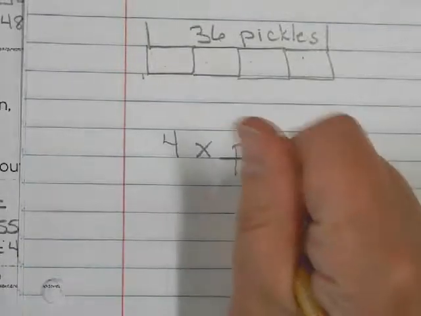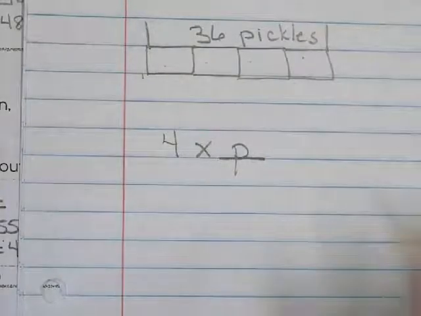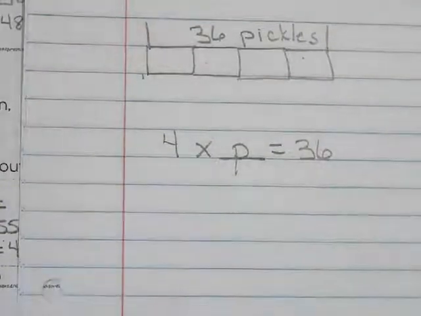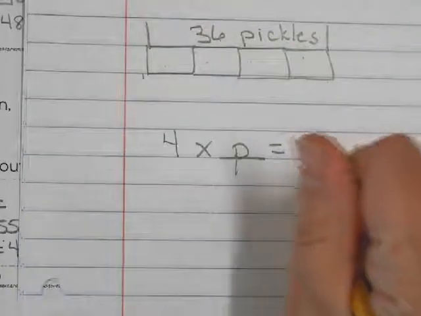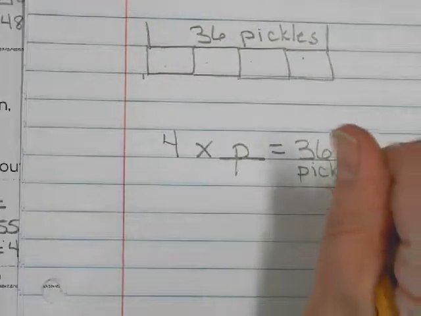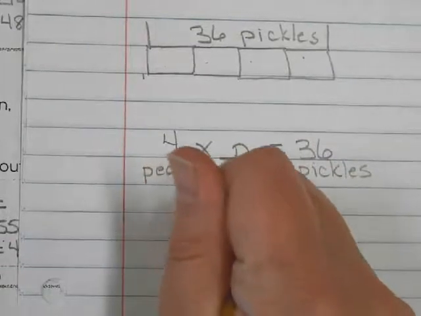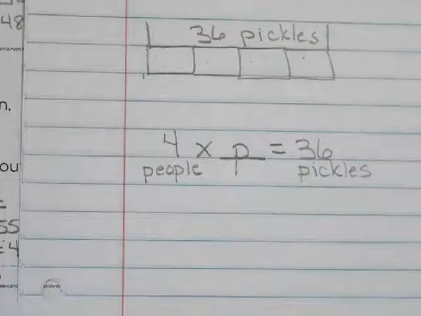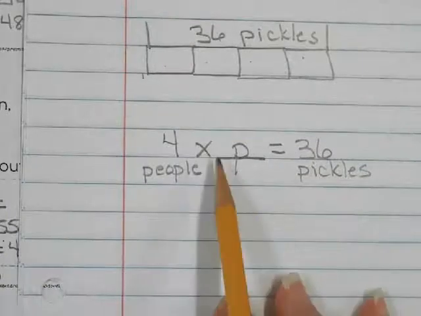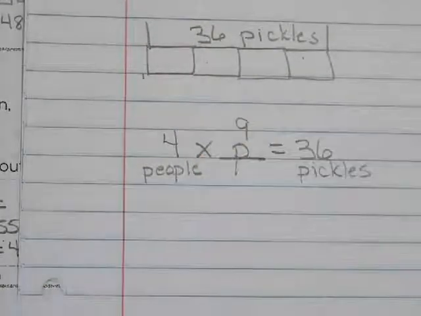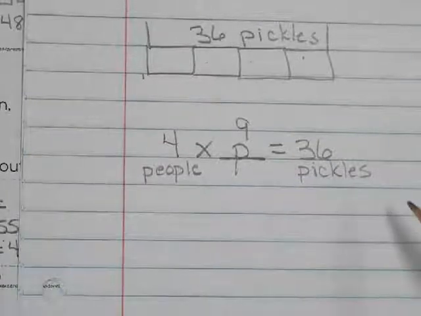So we can put a P for pickles here, and that gives us 36 total pickles. And these are people. So again, if we know our multiplication facts well, we would say that 4 groups of 9 is going to give us 36.